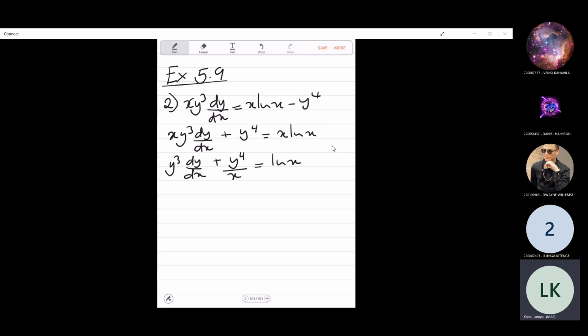And then if I look at this function y to the power of 4, the derivative is a constant multiple of y to the power of 3, so I need a 4 here, but I can still make the substitution. So we say z is equal to y to the power of 4. This means that z prime is equal to 4y to the power of 3 y prime.